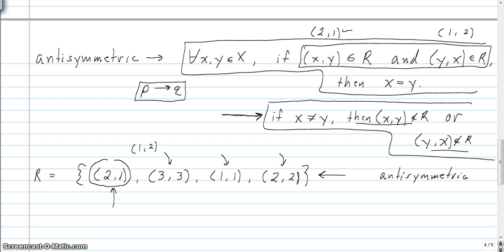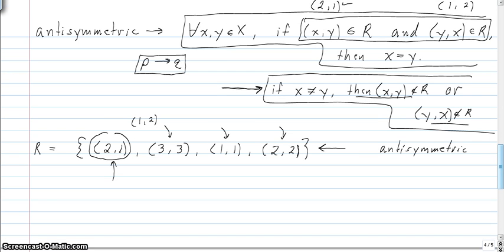Okay, so how would a relation be not antisymmetric? Well, let's go ahead and rewrite this out.